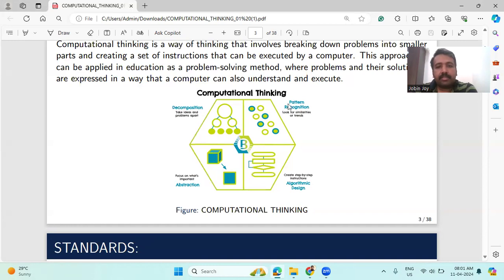Then the second step is the pattern recognition. Pattern recognition means when you enter into the in-depth details of your problem, you can understand that there are some similarities or there are some trends involved in your problems. So again, to understand the concept, you can see there are 8 circles. Out of the 8 circles, there are 4 circles without shading, and the remaining 4 circles with shading.